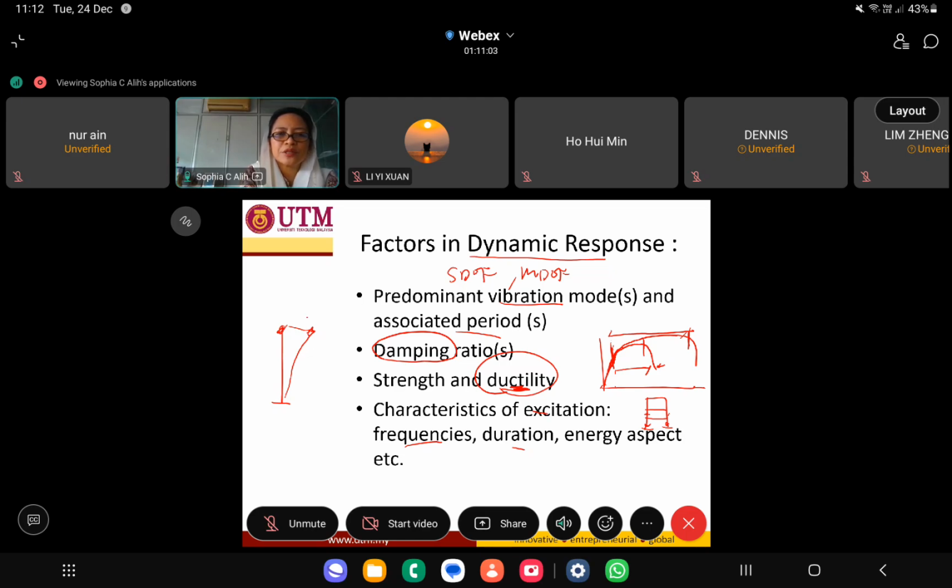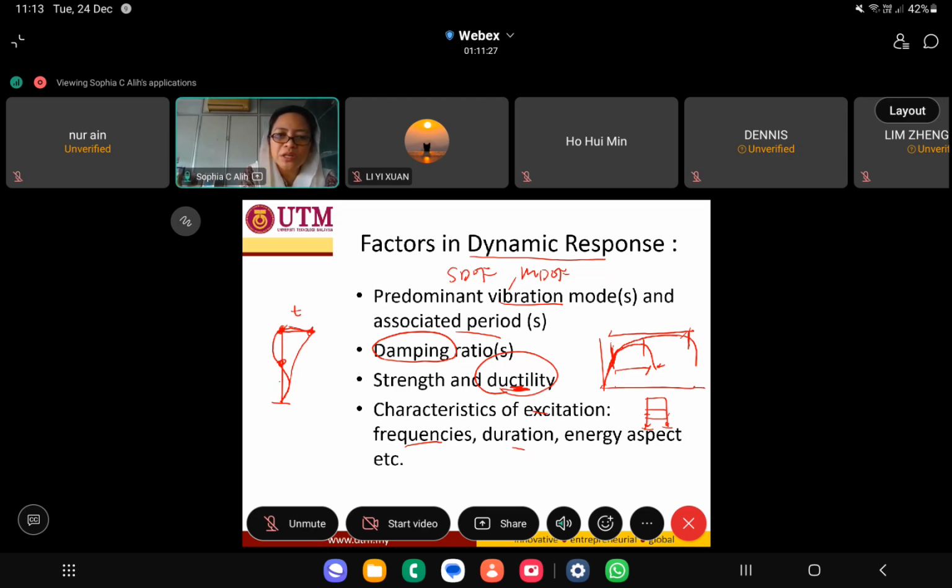And for this you have your period: how much time does it take to get from this point to this point and then back? That is one period. If you have 2 degrees of freedom, this is the first mode, and the second mode can be like this one. This is also the period for the second mode of vibration.